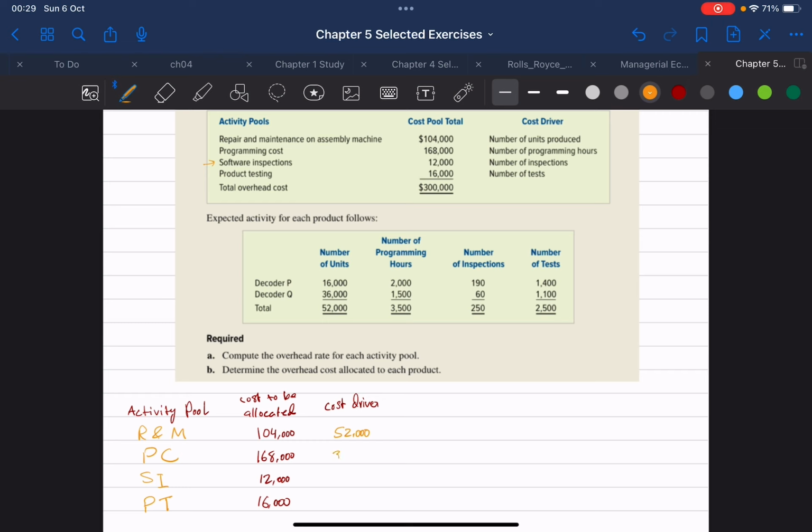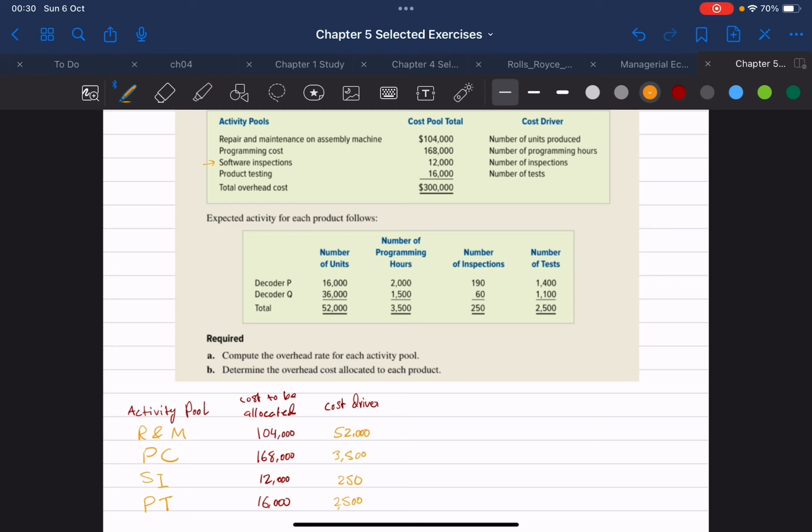So we'll include this as our cost driver. For software inspections, the cost driver is number of inspections, and the total number of inspections is given to us here, 250. So we will write 250. And finally, for product testing, the 16,000, the cost driver is number of tests. We have the total number of tests here, 2,500. So I'll write 2,500.